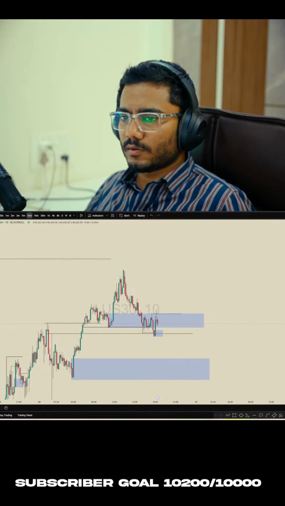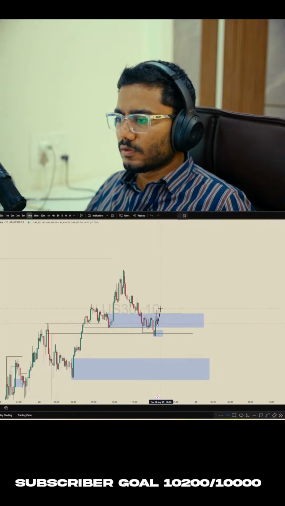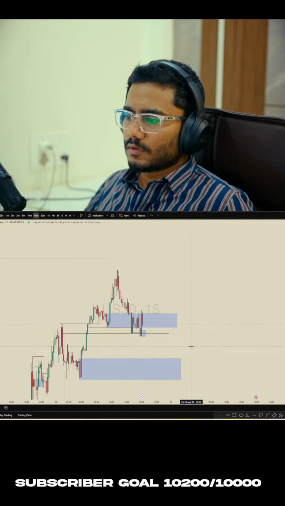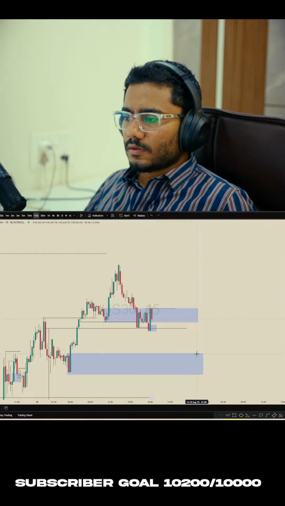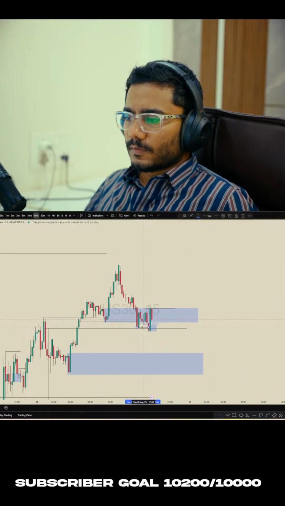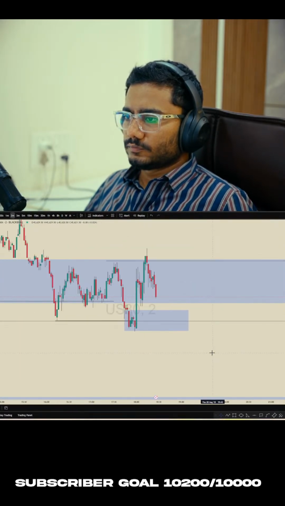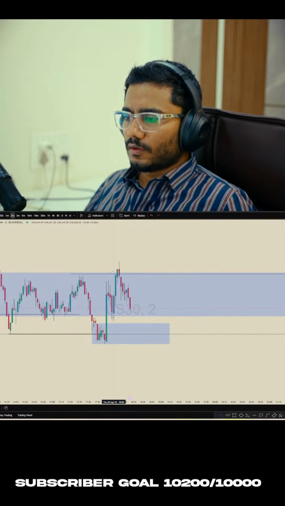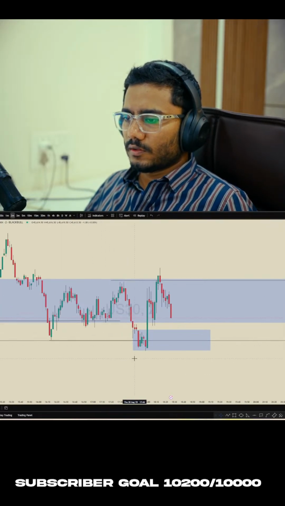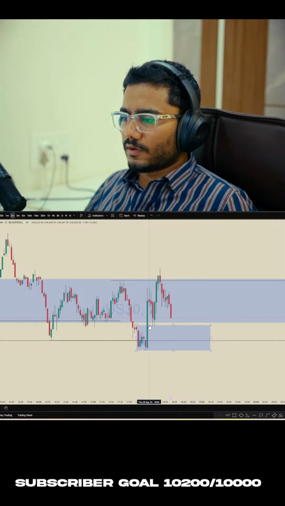Let's wait for price to break this higher, then we can look for buy side from here. We have the strong low. If you look at this candle after, I think this has been mitigated.